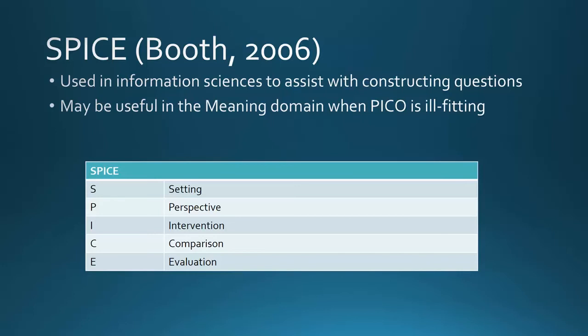So this might be something like, in the 250 hospitals that are subscribers to the EPIC electronic health record, that's our setting. Then I could do a perspective, from the nurse's perspective. Is this specific type of intervention or field compared to another one helpful? Okay, and then you could proceed from there.